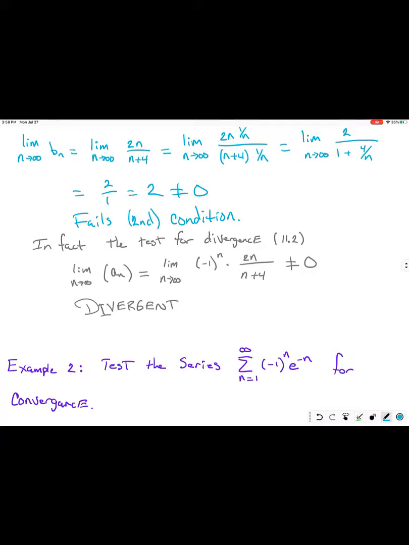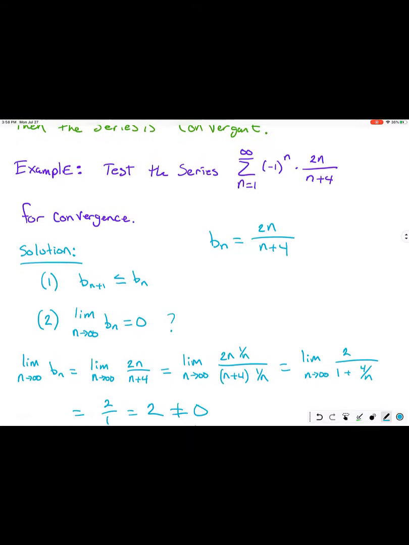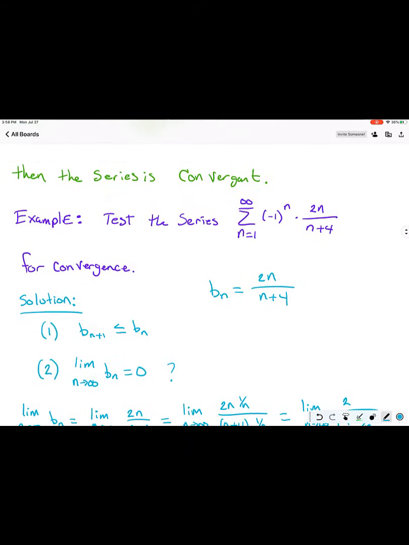And even more precisely, the limit of minus 1 raised to the n times 2n divided by n plus 4 doesn't even exist, so certainly not equal to 0. And so this is divergent. So the series that we're looking at is a divergent series.